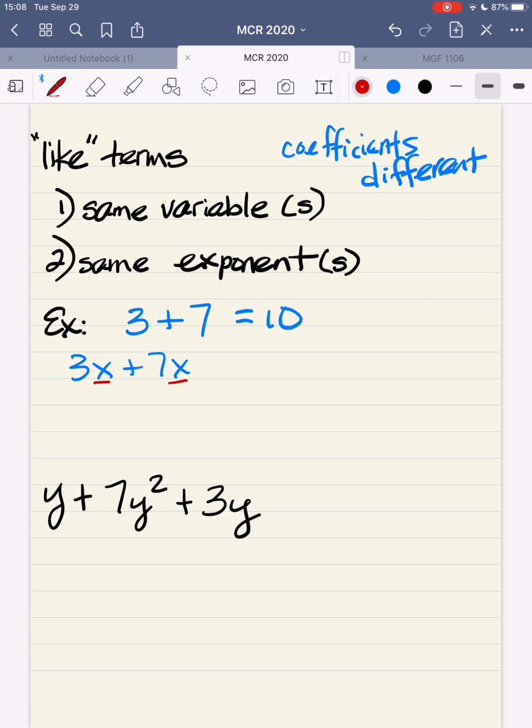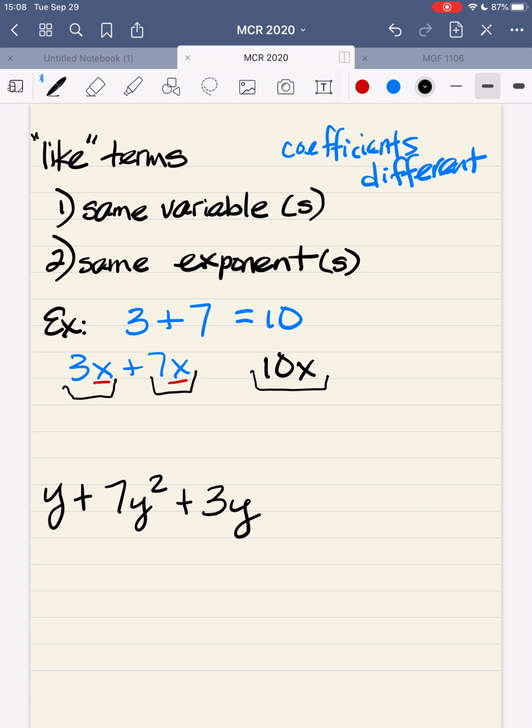These are like terms, and I would add them the exact same way I added 3 plus 7. So 3 plus 7 is 10, only because they're both x, I'm going to put x. Okay. Think of these as I have 3 apples, with x representing apples, and I have 7 more apples, and in the end I have 10 apples.